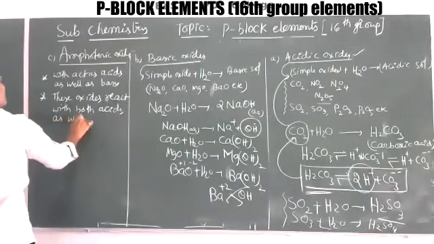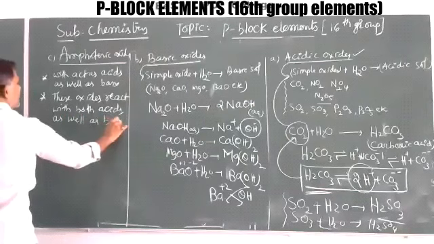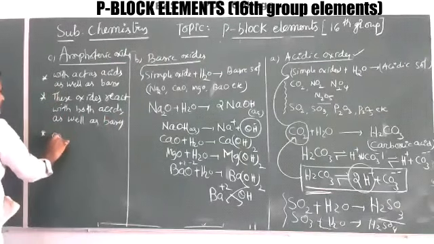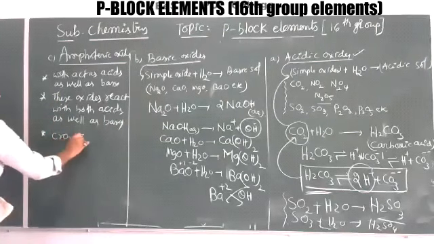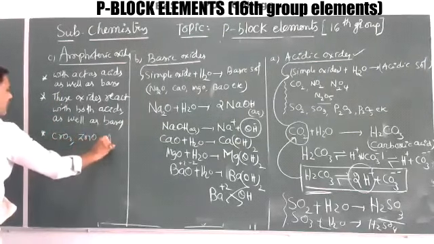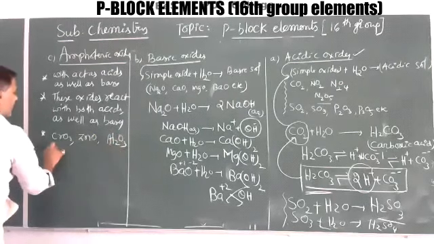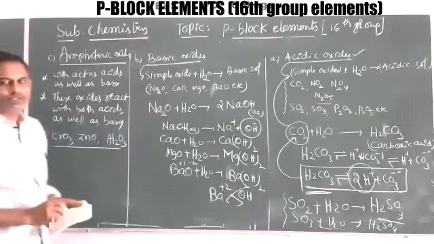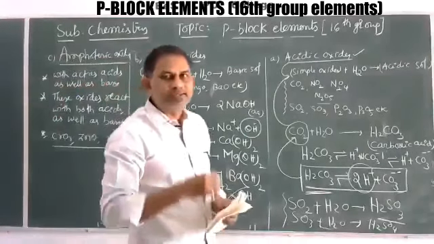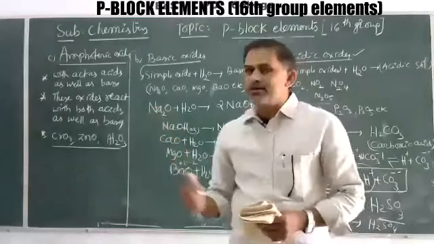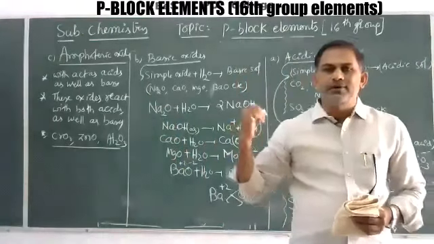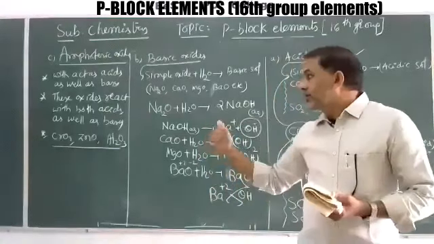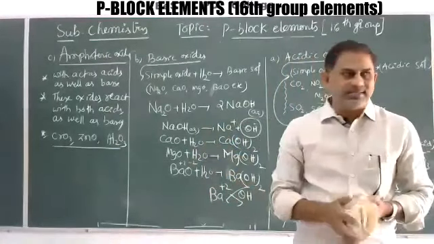Some important examples are CrO3, ZnO, and aluminum oxide, Al2O3. Chromic oxide, zinc oxide, and aluminum oxide are some important examples of amphoteric oxides. I'll show some examples of reactivity, how they react with acids as well as bases.